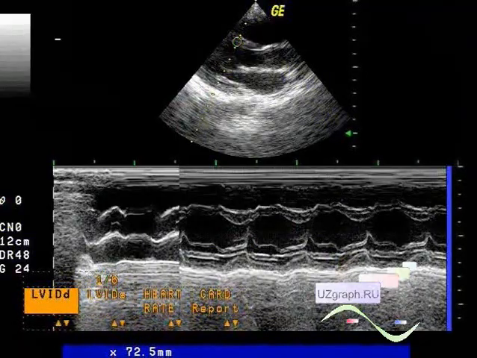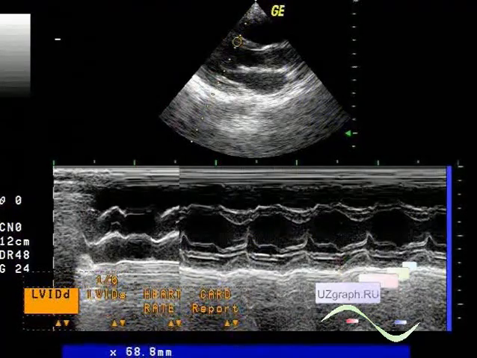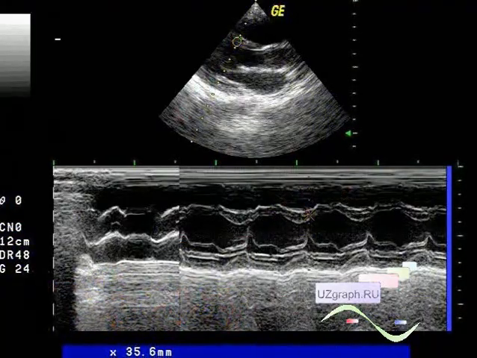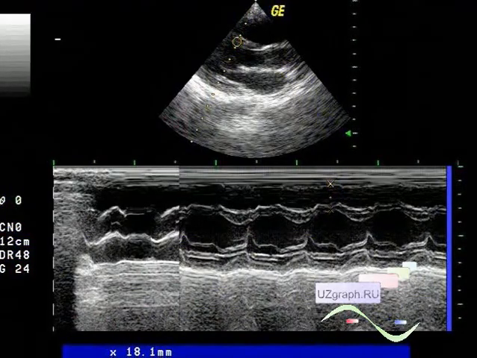Next we measure the thickness of the left ventricle posterior wall, the interventricular septum, and the right ventricle wall, which is often located in the noise area, near the probe surface. That often makes this measurement impossible.